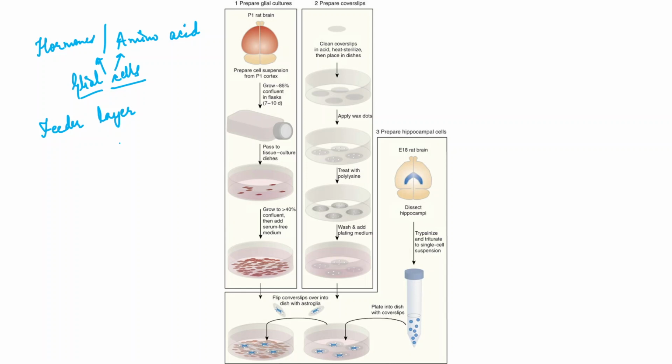Now, if you just take glial cells and coat them in a dish, and think, okay, these glial cells will produce all these factors and then I can culture my neurons there, that is not so easy, because if you go on culturing these glial cells, they also produce some cytotoxic factors after a certain lifespan. So, in order to circumvent this problem, neurons are grown in serum-free media, which was the neurobasal media about which we have already talked.